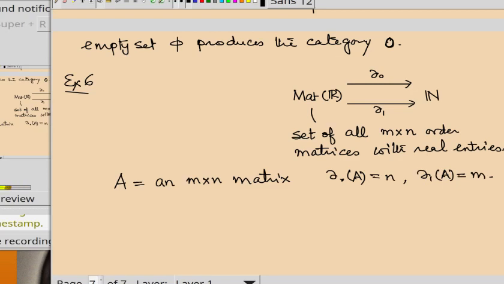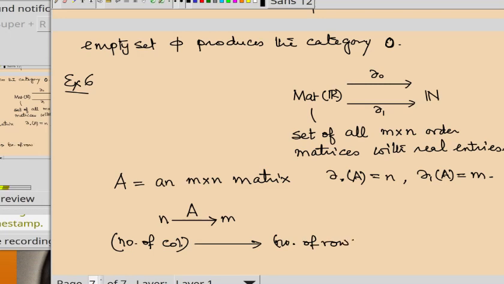So that means from the number of columns to the number of rows. Okay, matrices. And what is my E? E is the identity matrix of order n. And E of n is In, the identity matrix of order n.